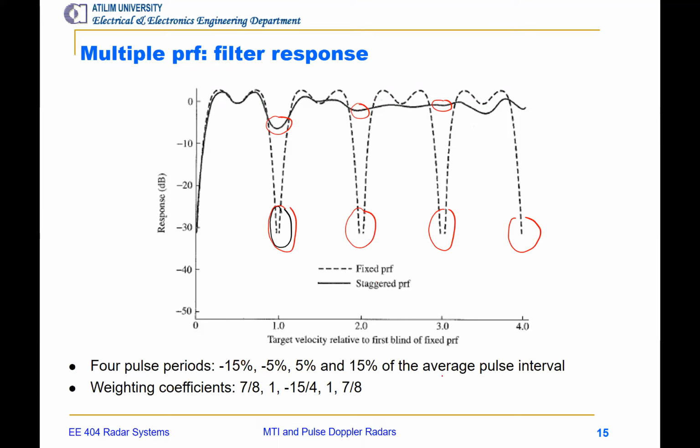They simply take an average pulse interval and then reduce it by 5%, increase it by 5%, and then 15% plus and 15% minus, and create the 4 periods. And the weighting coefficients here are taken as 7 divided by 8 and 1, as you see in the list of weighting coefficients.